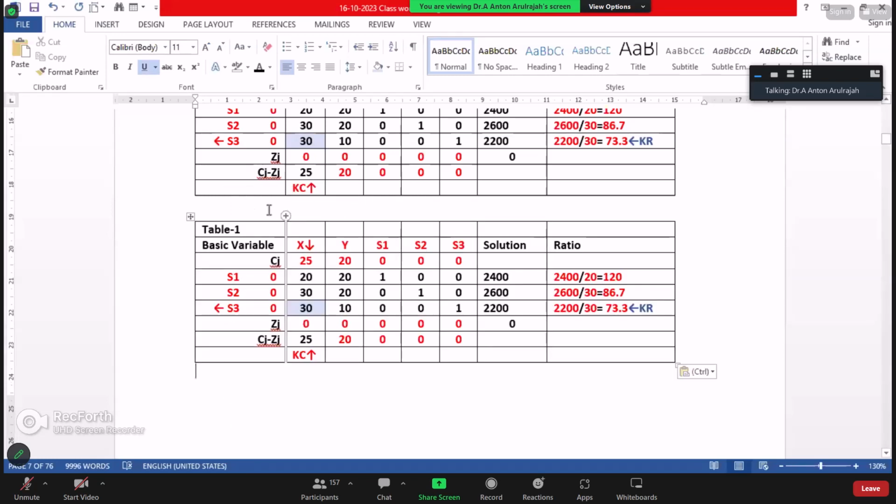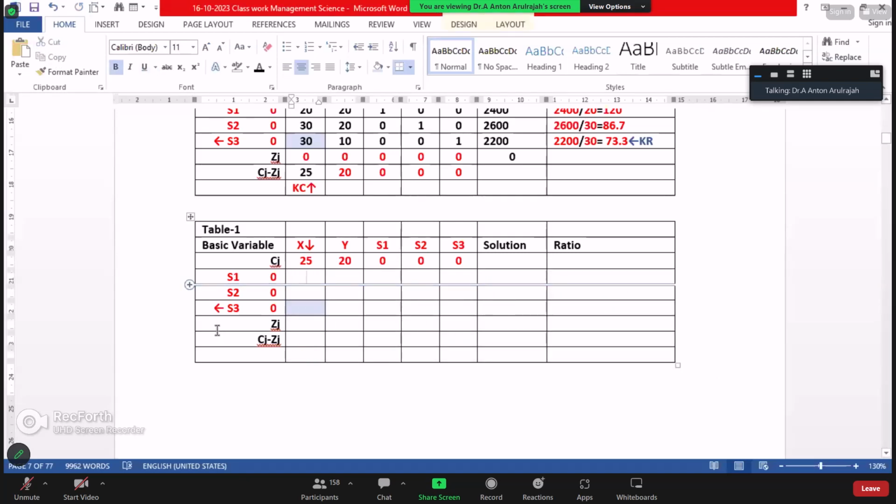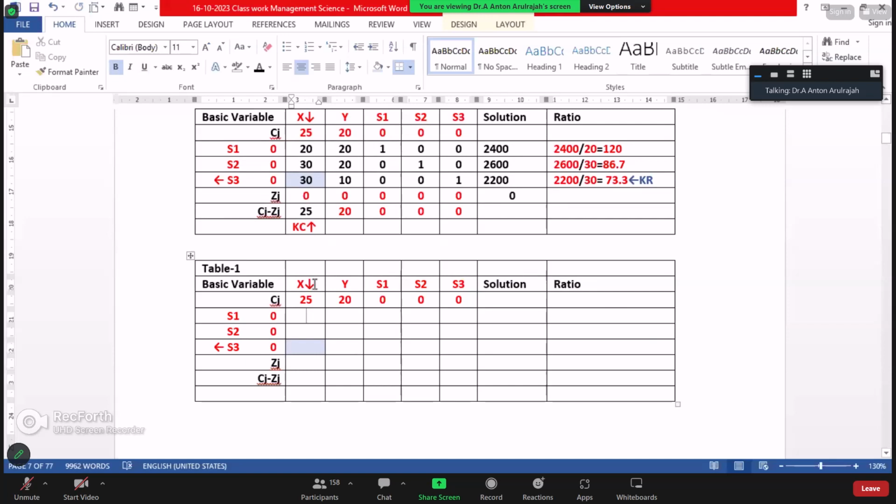Right? So in table number 2, what are the changes? Entering variable. Now it becomes X3, with profit 25. X3 should be here, right? That is the entering variable. So S3 is leaving, so this is not there in the second table.